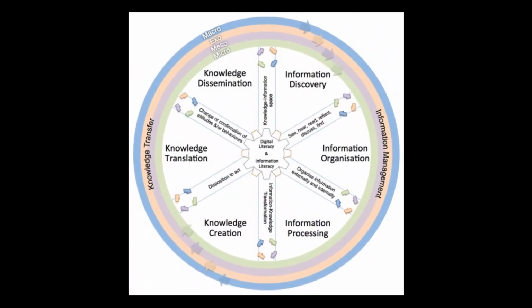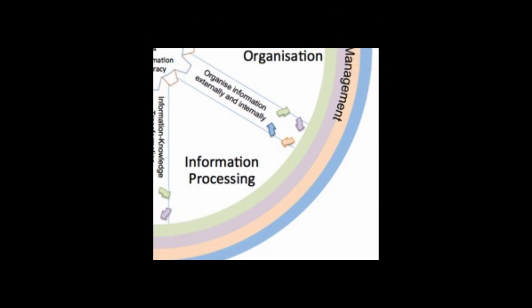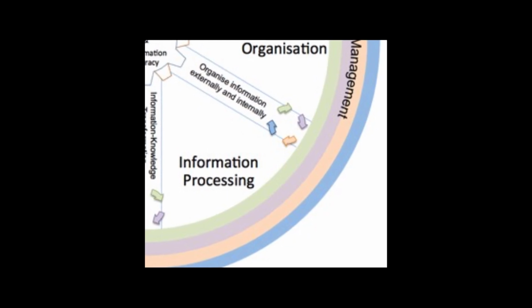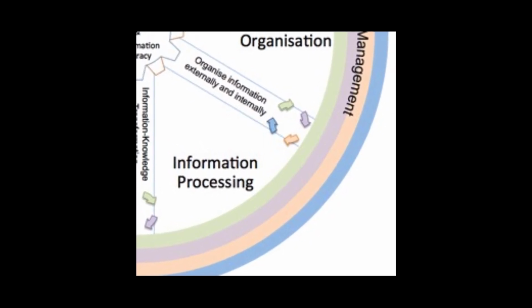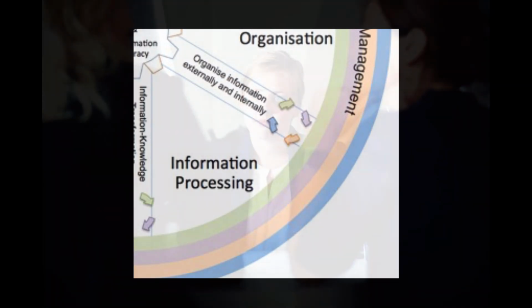The third stage in the information management phase is information processing. Information processing occurs when you start to make sense of information and the pieces of the puzzle start to come together. Usually this process is easiest when you can frame new information in the context of previous life experiences.